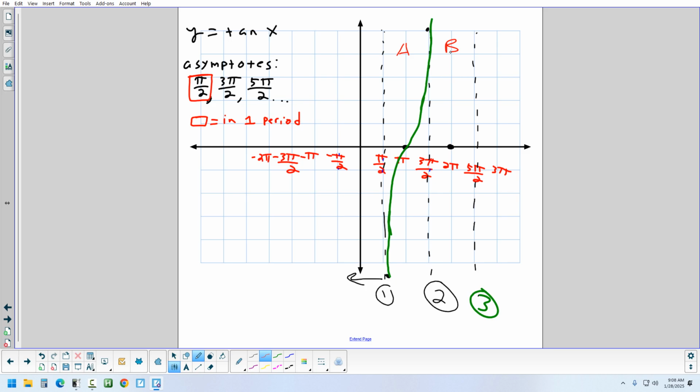How much distance is between those 2 asymptotes? Pi. So the natural cycle of tangent and cotangent is pi, not 2 pi. Tangent has a naturally shorter cycle than sine and cosine.